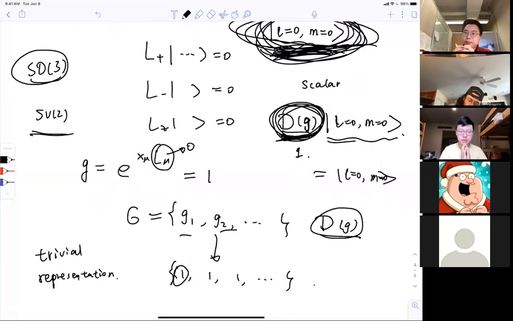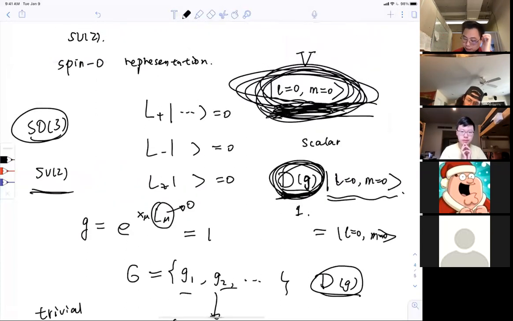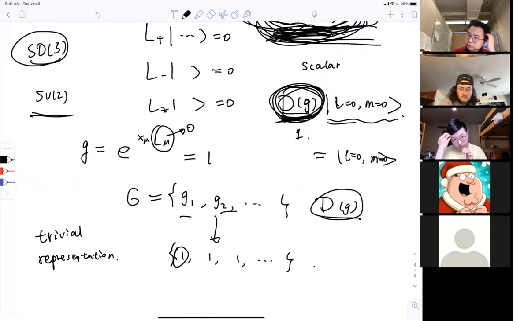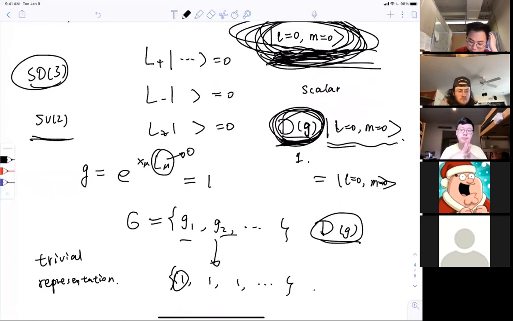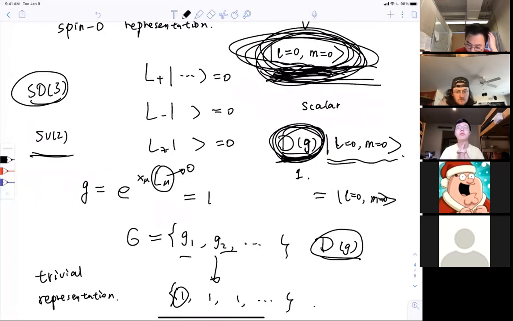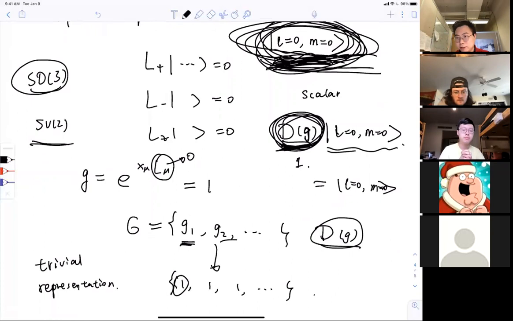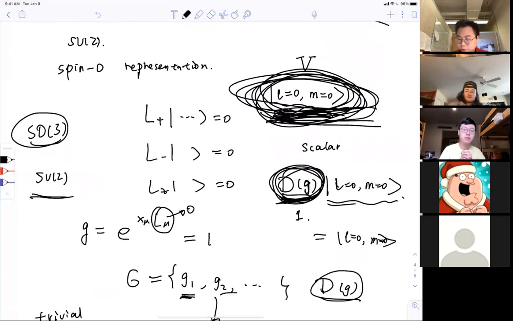We need to represent our group element using some matrices. But in this case, it's a one-dimensional vector space, so the group element is a 1-by-1 matrix, which is just a number. And in this specific situation, all group elements are 1 and act trivially on the one-dimensional vector space.